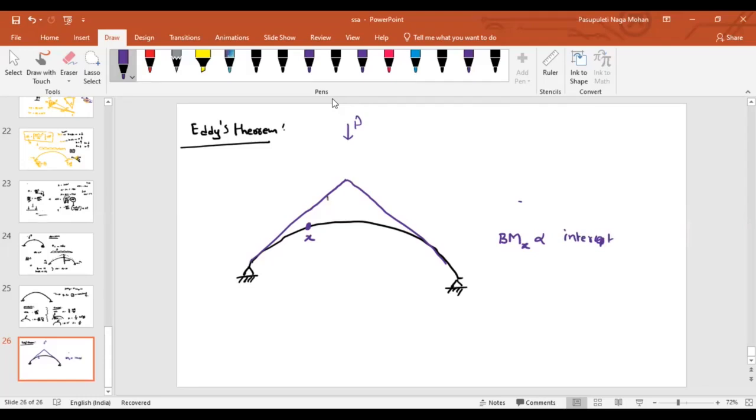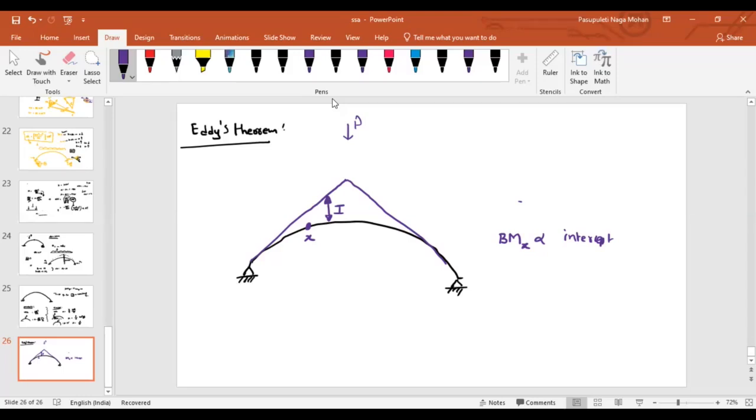What are the points you are finding? You have to take the intercept. Let's say this is the intercept I. So along this variation, the intercept will be I. With respect to this intercept, you can understand the variation at X.